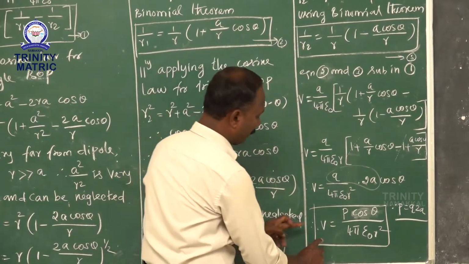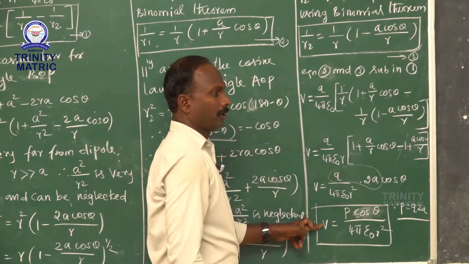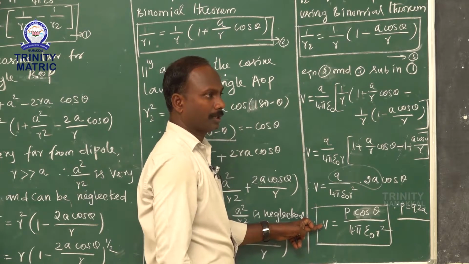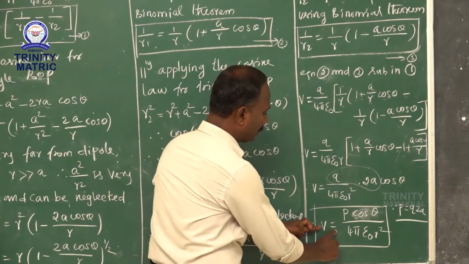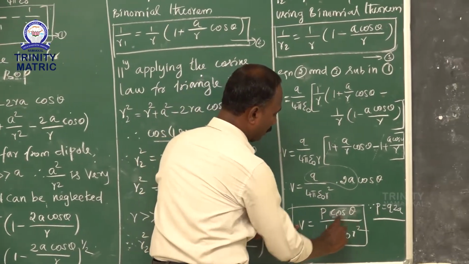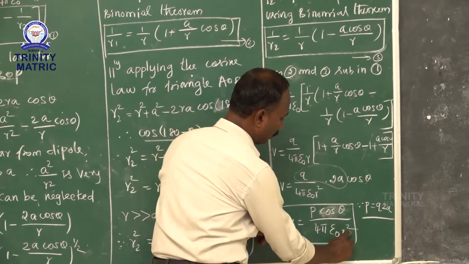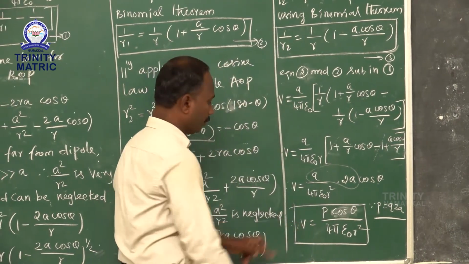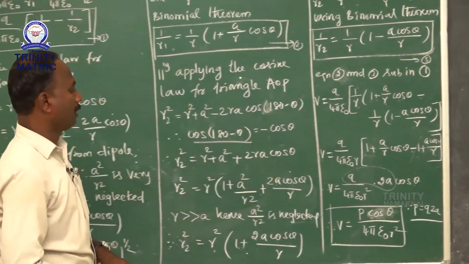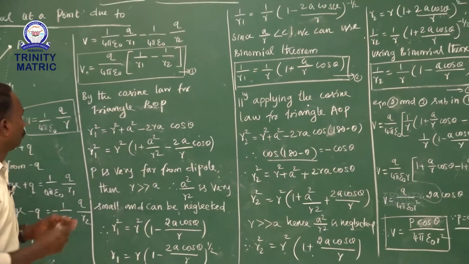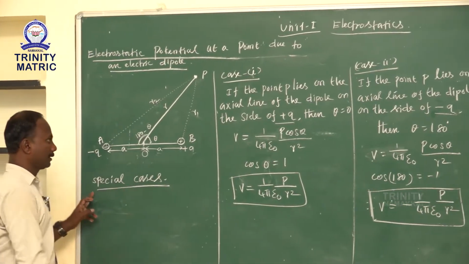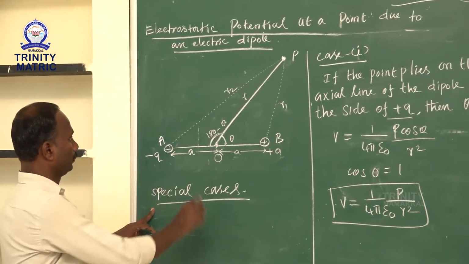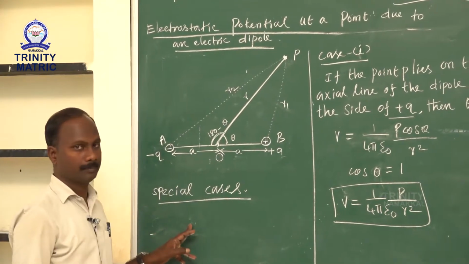So finally we get the expression for electric potential at a point P due to an electric dipole: V is equal to p cos theta by 4 pi epsilon naught r square. So the electric potential at a point has two special cases.